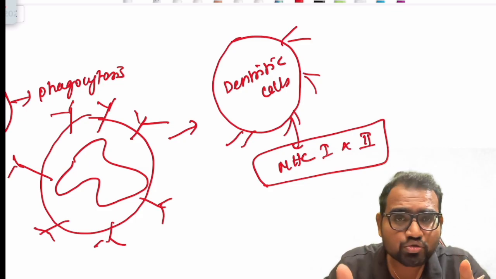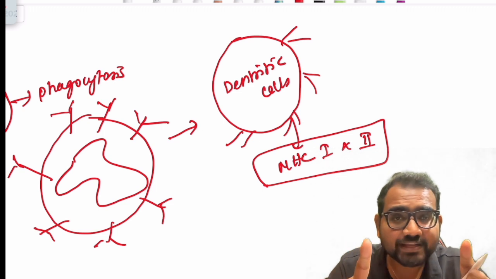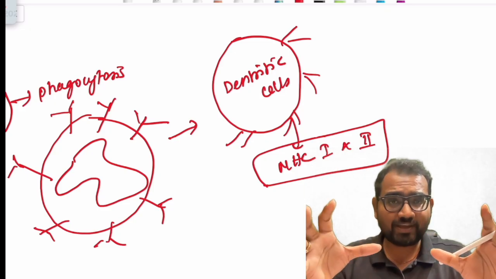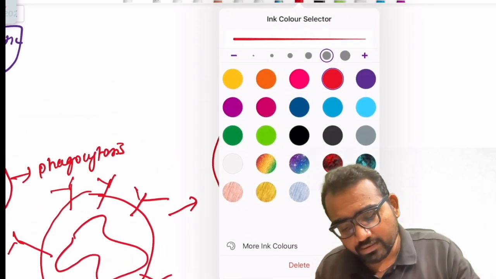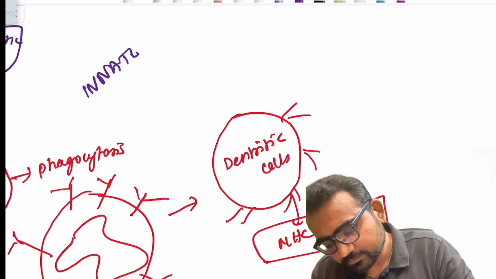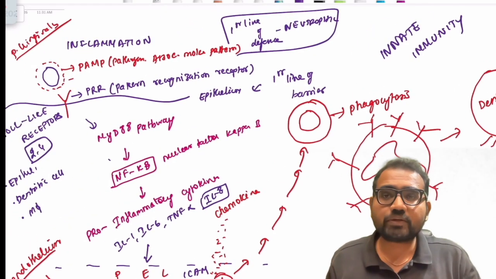So via these two complexes, the fragments of the bacteria are expressed by the dendritic cells. Till this phase, it is called innate immunity.